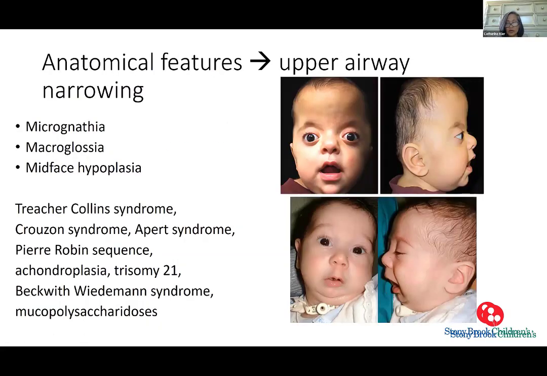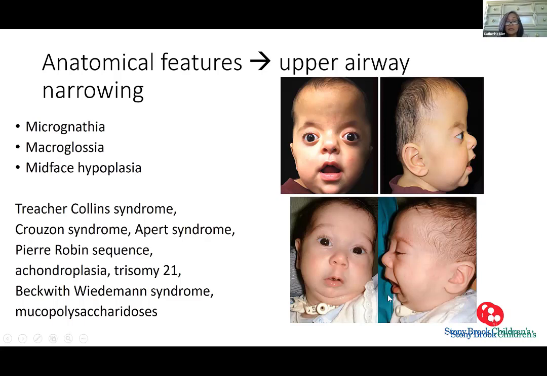And we know for a fact that in these syndromic patients, just looking at their anatomical features, you can really identify micrognathia, macroglossia, or a relatively large tongue because of the small upper airway space, and mid-face hypoplasia.